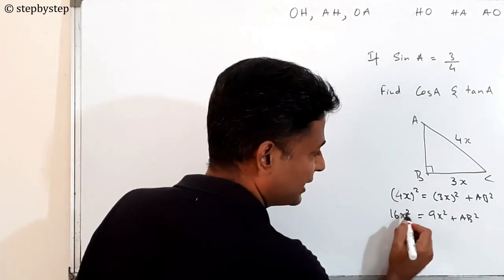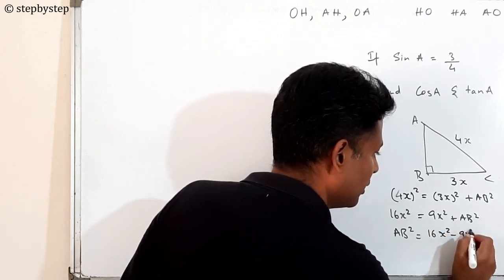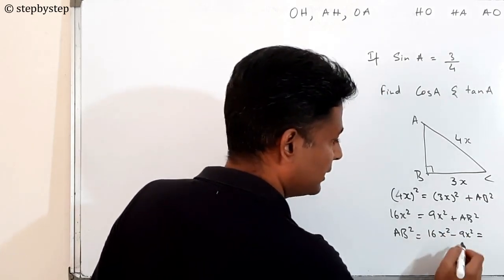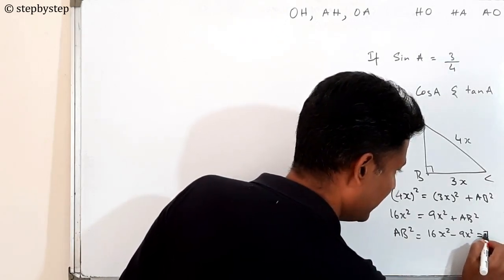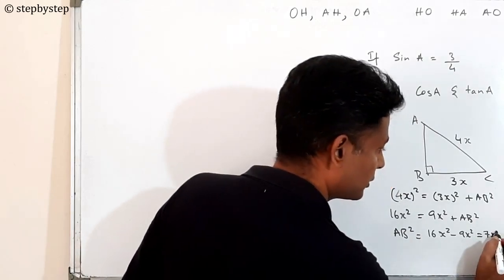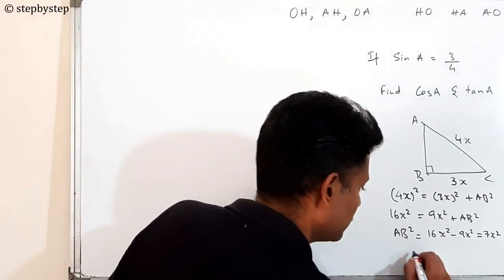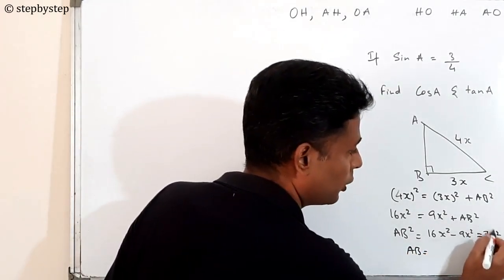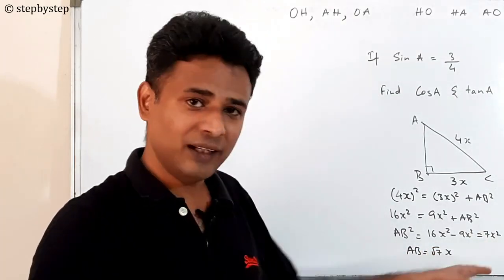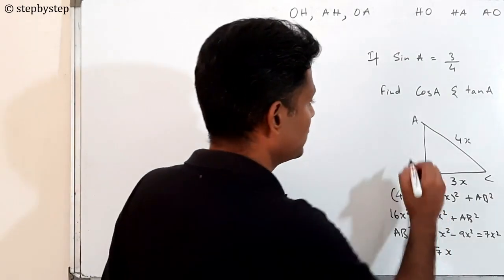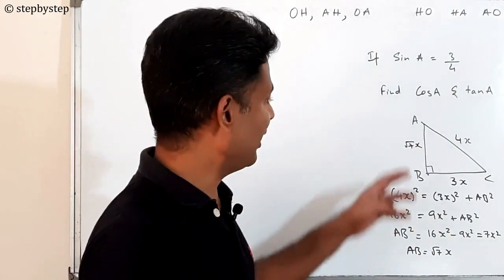It will be equal to 16x square minus 9x square, which is 7x square, right? 16 minus 9 is 7. So AB is root of 7x square, so root 7x. So what is this side? Root 7x. Now we have all three sides.